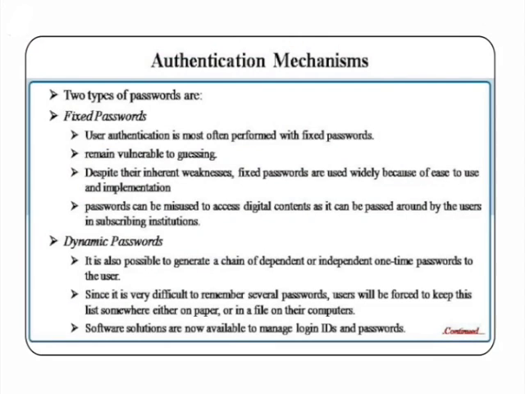The two types of password are fixed passwords and dynamic passwords. In fixed password, user authentication is most often performed with a fixed assigned password. It remains vulnerable to guessing, and the password can be misused to access digital content as it can be passed around by the users in the subscribing institution.